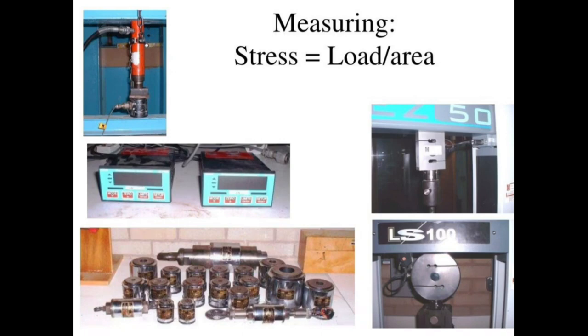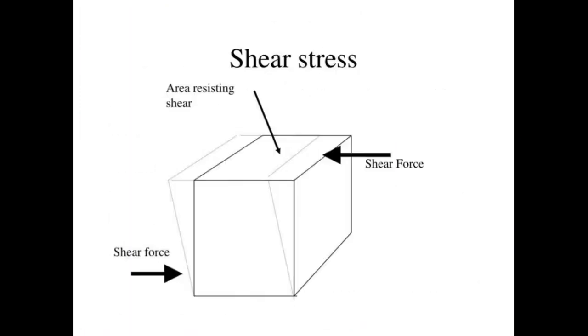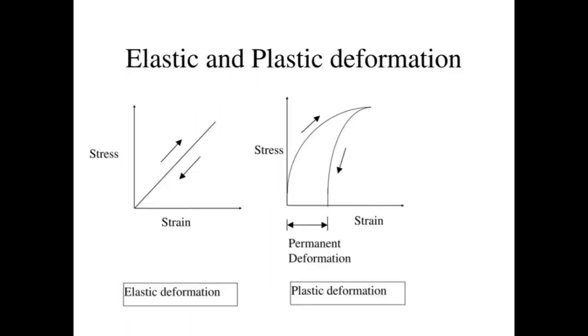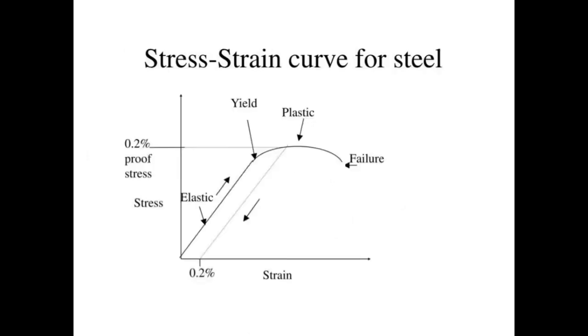Both are measured using special equipment, whereas shear is a tangential force acting on the body. Elastic deformation occurs in the stress and strain relationship, whereas in plastic deformation it's vice versa, and it occurs as permanent deformation. This is the common stress strain curve for steel.